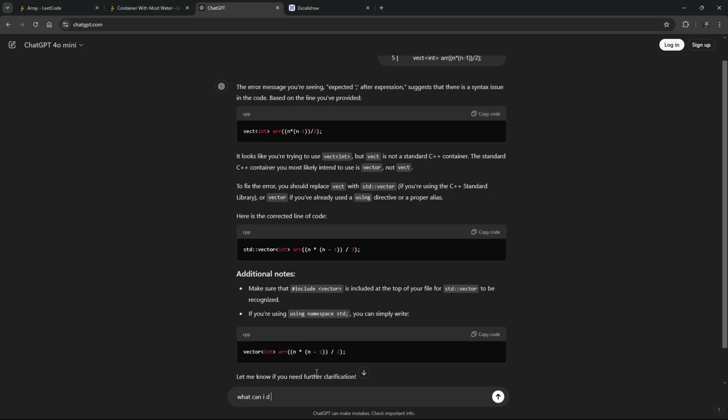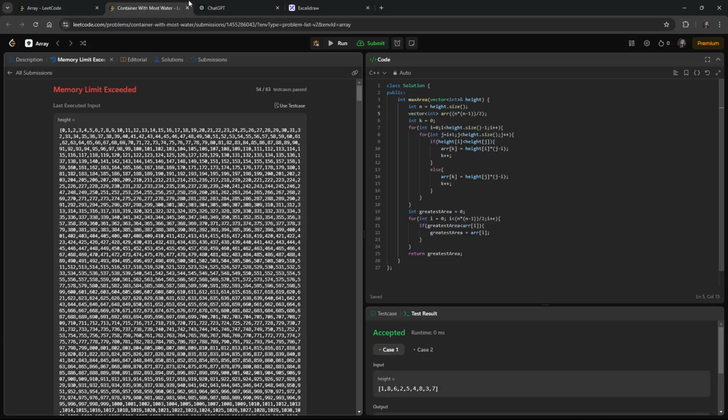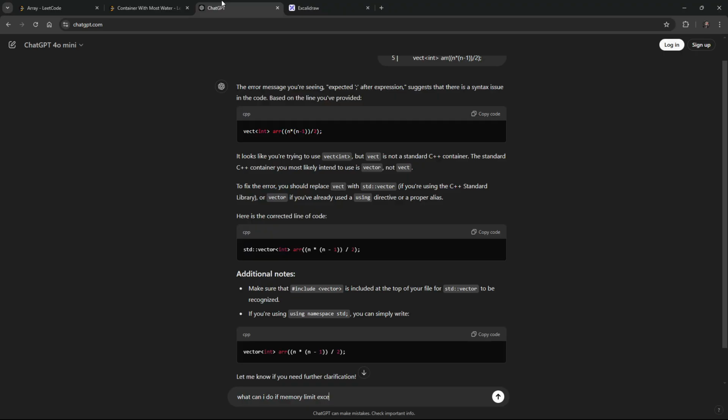Okay, now, what can I do about memory limit exceeded in LeetCode?